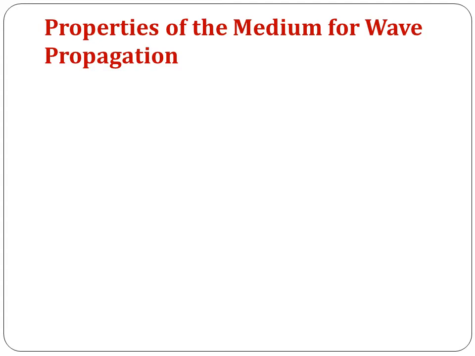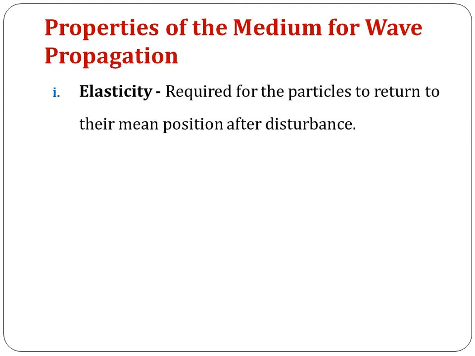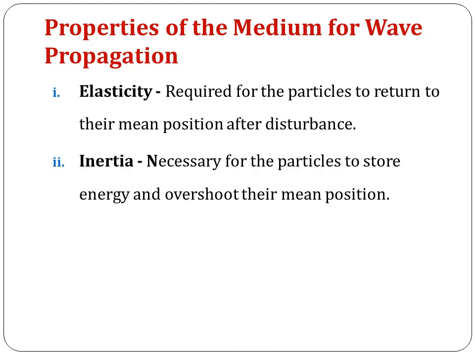Waves, we know, propagate in a medium. Therefore, the medium should have various properties in order to support wave propagation. Let us see what those properties are. Elasticity is one of the properties. It is required for the particles to return to their mean position after disturbance.